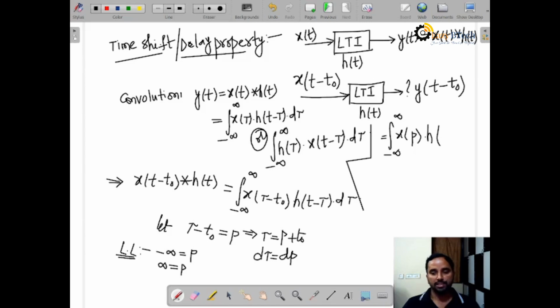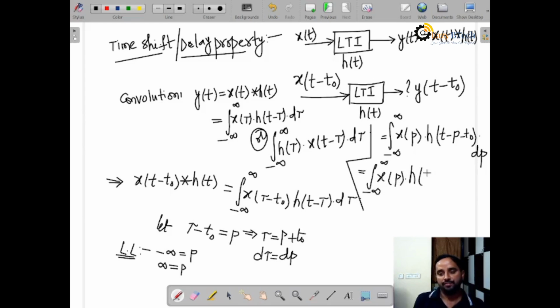Tau is p plus t naught, so it is t minus p minus t naught. And d tau is dp. So in the place of d tau we are taking dp. So this integral I am slightly modifying, rewriting x of p into h of t minus t naught minus p dp.